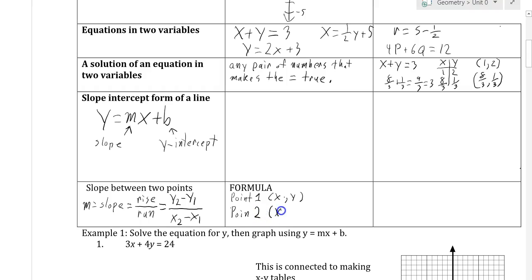But doesn't it also come in an x and a y? So how are we gonna tell the difference between the first point and the second point? Well, we're going to subscript. We're going to put a number in the bottom right-hand corner that tells us that is the x and the y from the first point, where the other 2 numbers are the x and the y for the second point. That's all they do. And there's your formula for the slope between 2 points.